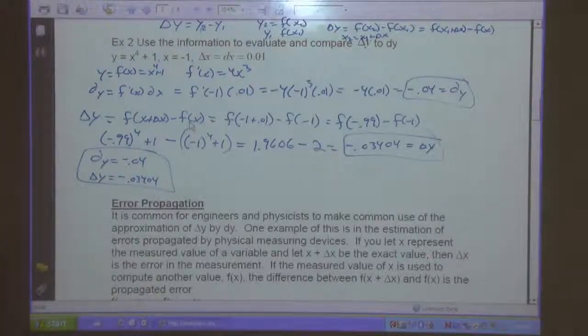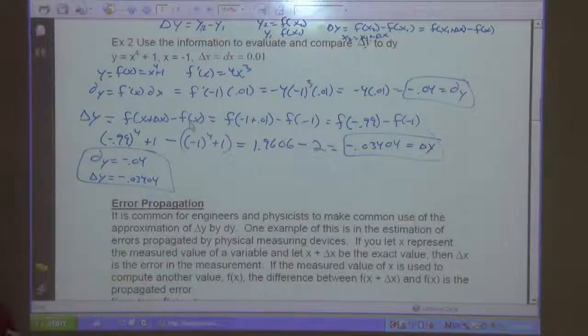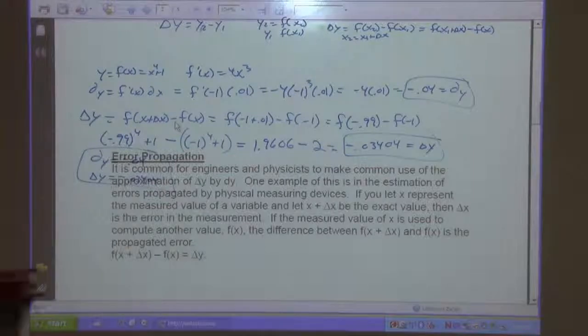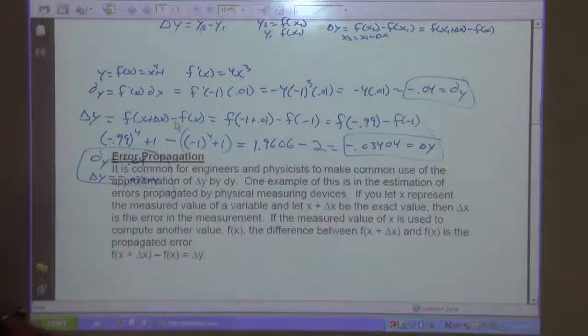If the measured value of x is used to compute another value, say f of x, we propagate the error. The difference between f of x plus delta x and f of x is the propagated error. We are carrying on an error. So, a formula here, f of x plus delta x minus f of x is delta y.